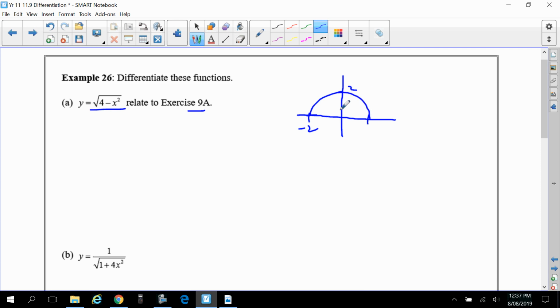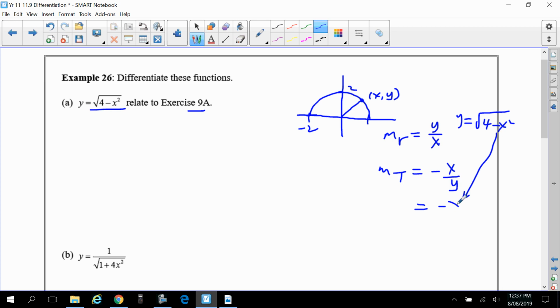And if we were to find the gradient of the tangent, we'll first find the gradient of the radius, which is y over x. And gradient of the tangent will be negative reciprocal. And the negative reciprocal y is this thing, right? Y is the square root of 4 minus x squared.